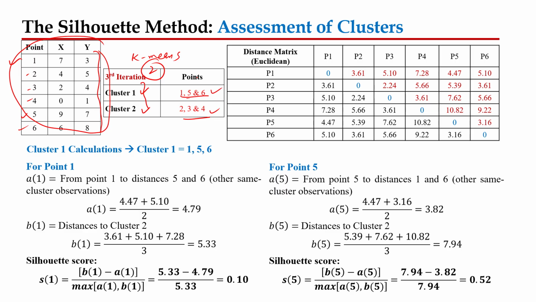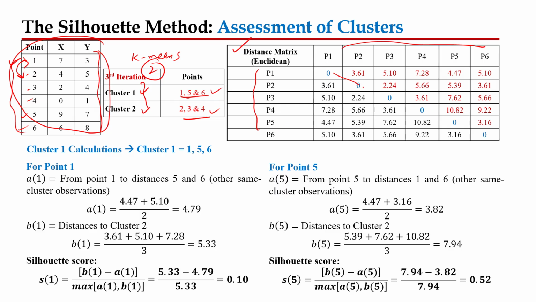In order to find the silhouette score for every observation, we need to find the distance matrix between every observation and every other observation. As you can see, we have six data points, so we need a 6 by 6 matrix, with point 1, point 2 up to point 6.